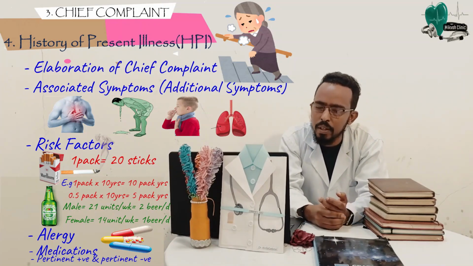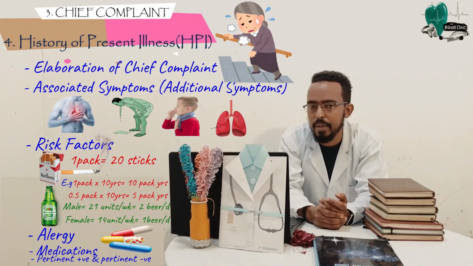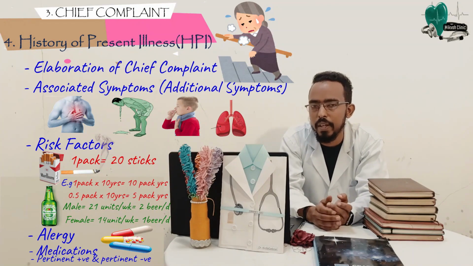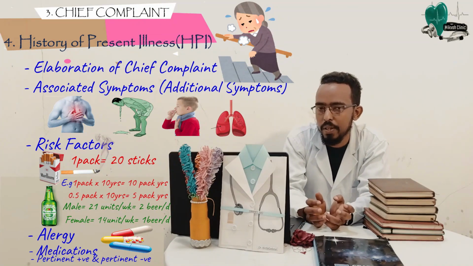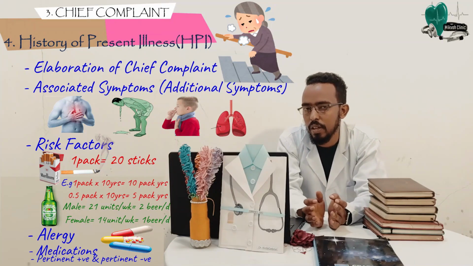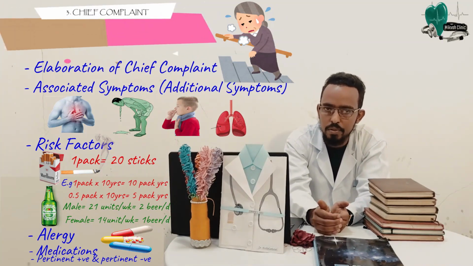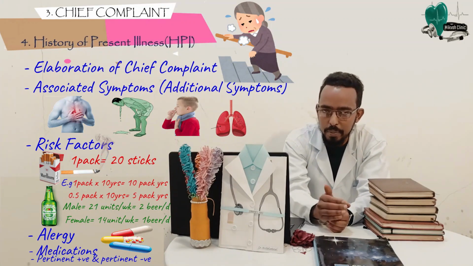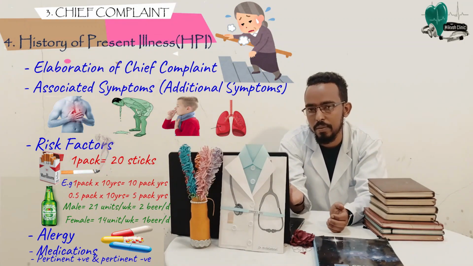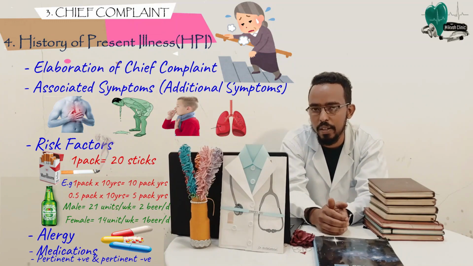I will ask him if he has any palpitation or if he has any PND or orthopnea. I ask this question because a patient presenting with shortness of breath, of course, might have asthma, but it can also be heart failure. So I should ask him about the symptoms of heart failure.